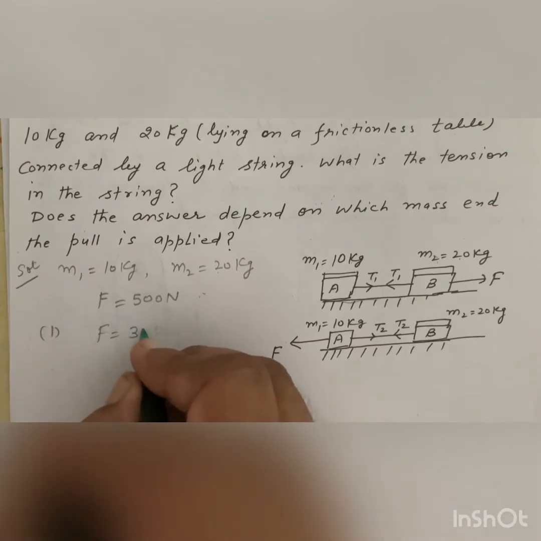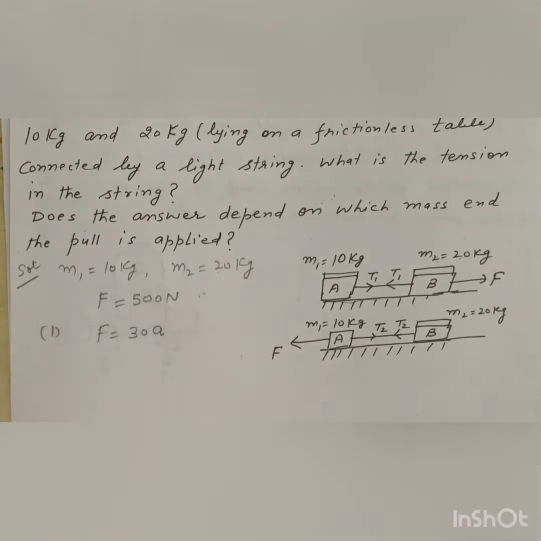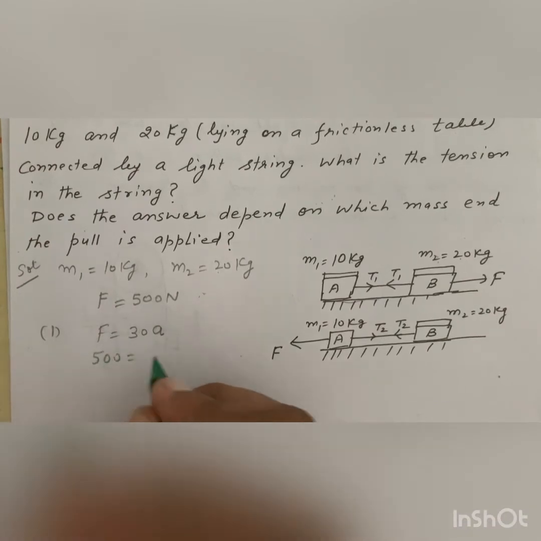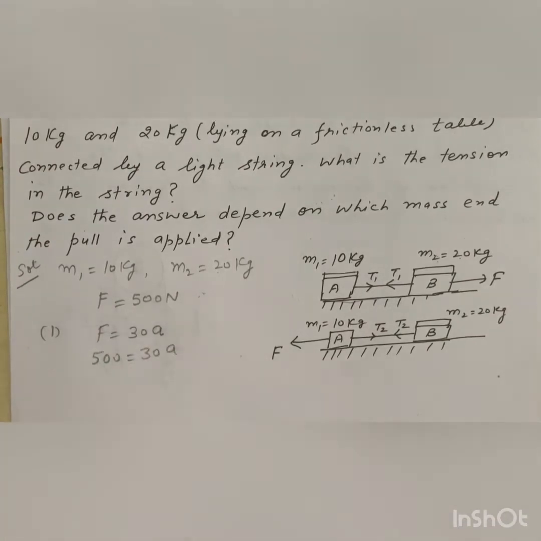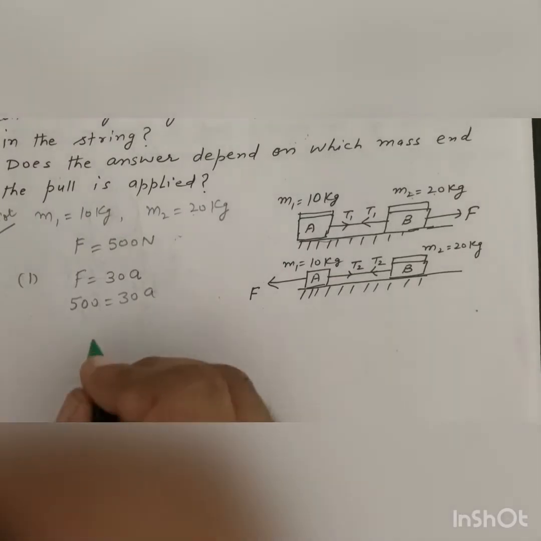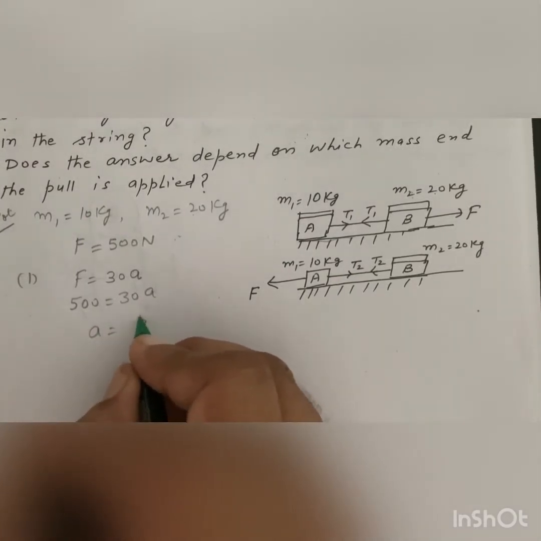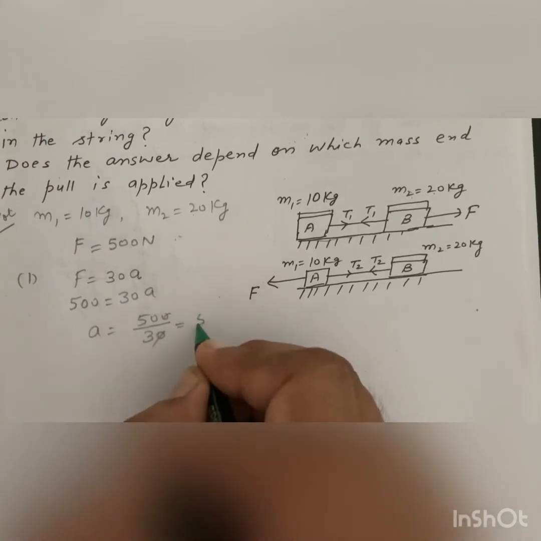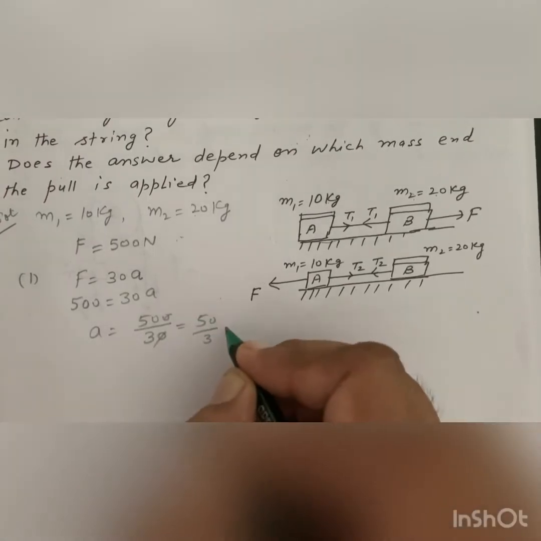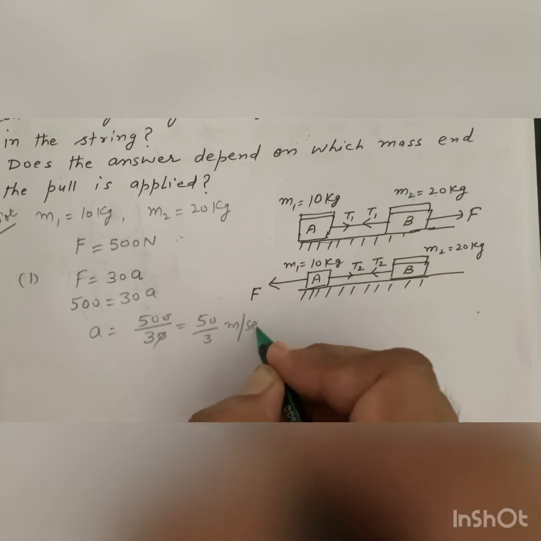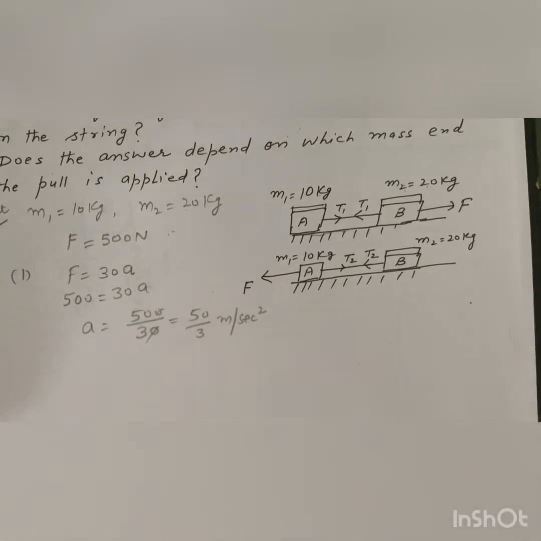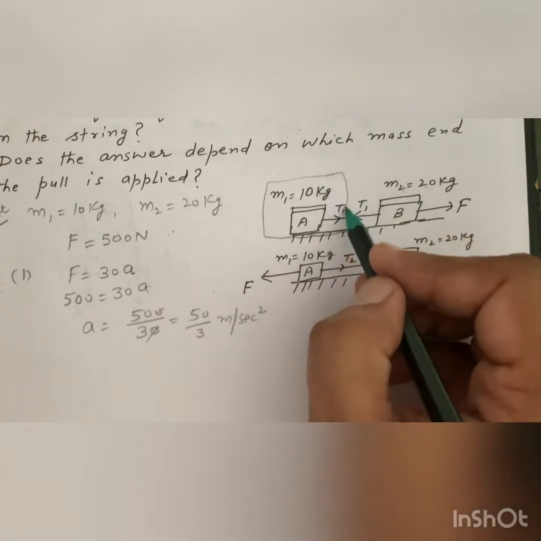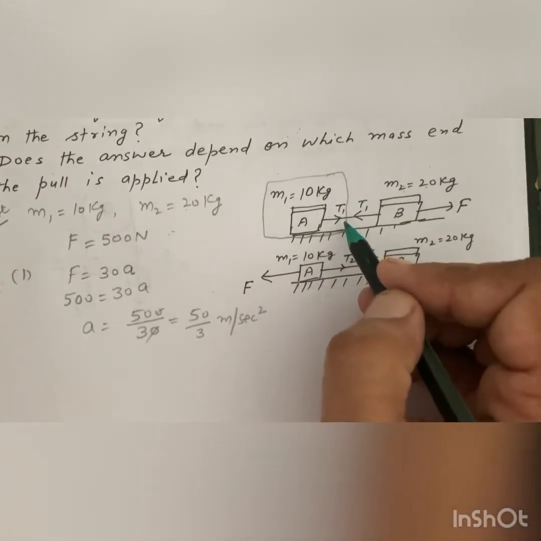So 30 into acceleration. Force is given, that is 500 Newton, equal to 30 A, or A equals 500 over 30, 50 over 3 meter per second square. Now here we see this mass M1 and tension is in this direction.